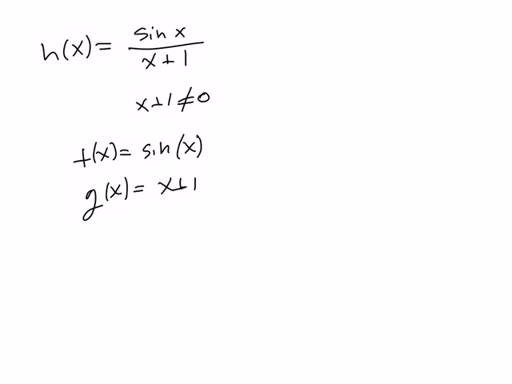So now f of x is defined everywhere because it's a trigonometric function, and this function g of x is continuous because it's a polynomial.